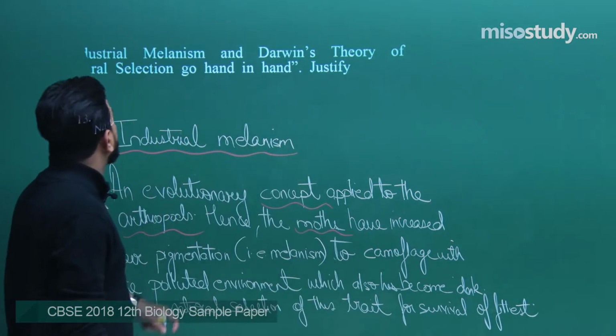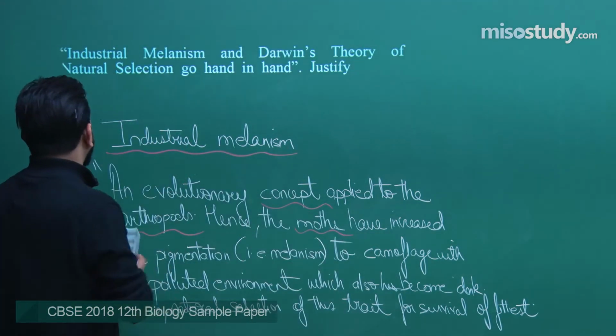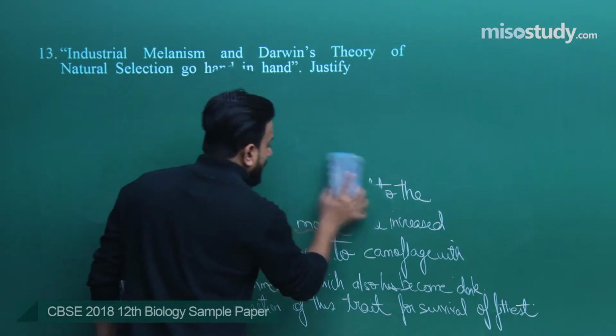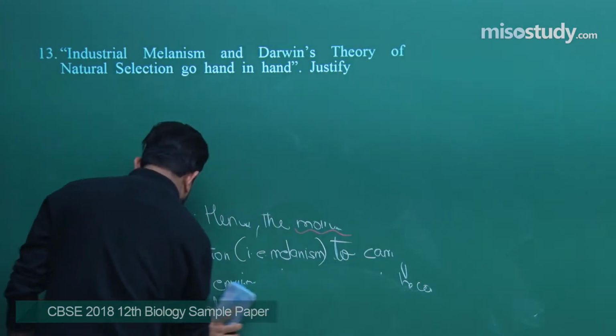Now we will see Darwin's theory of natural selection. What does it say?